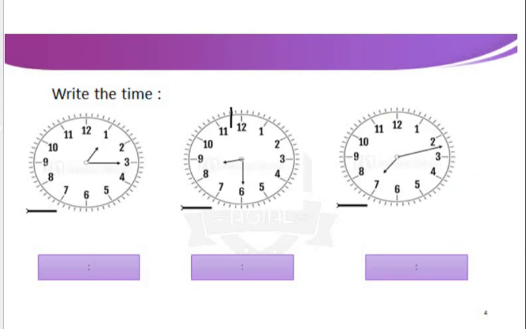Who can read the time and write it? Okay. At first, the first one. Our hand on what? Who can say? We know that small hour or short hand meaning hour hand. So in here, short hand on what? Excellent, on 1. So we will write in here 1.